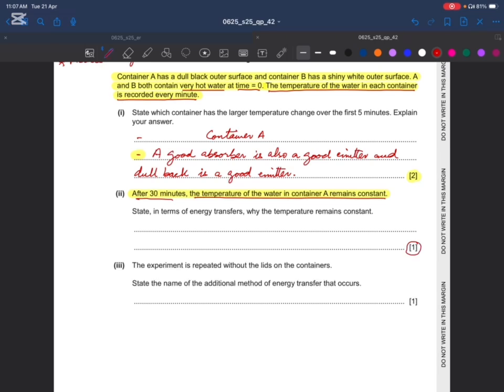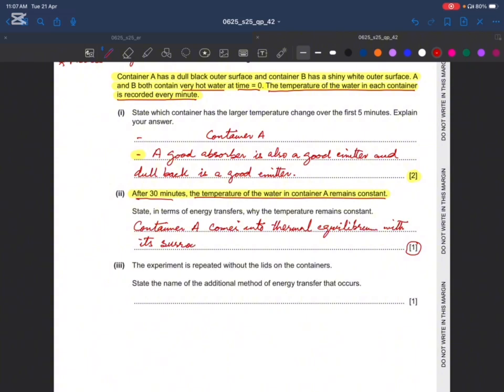So you can write that container A comes into thermal equilibrium with its surroundings. And what do we mean by thermal equilibrium?